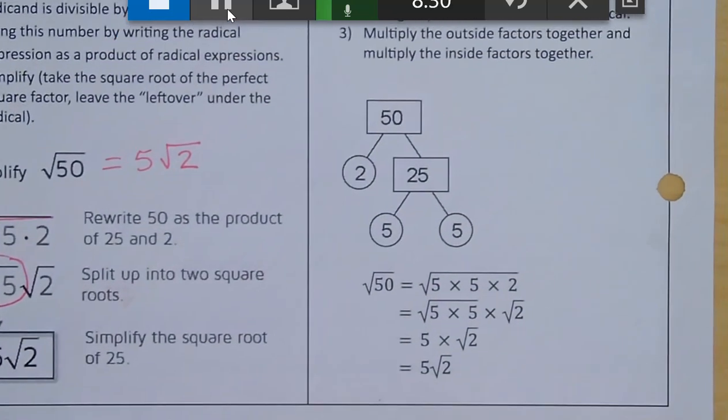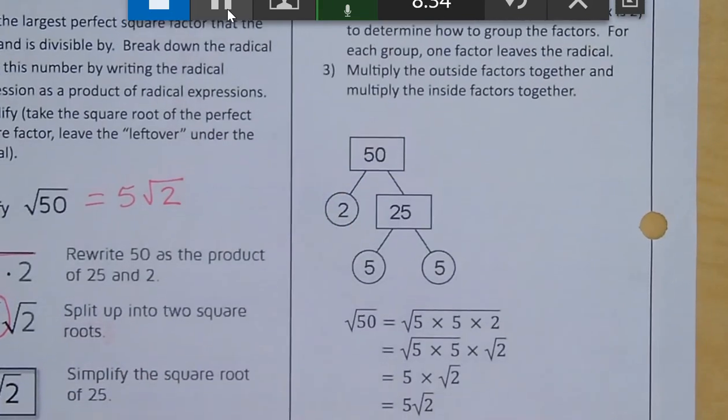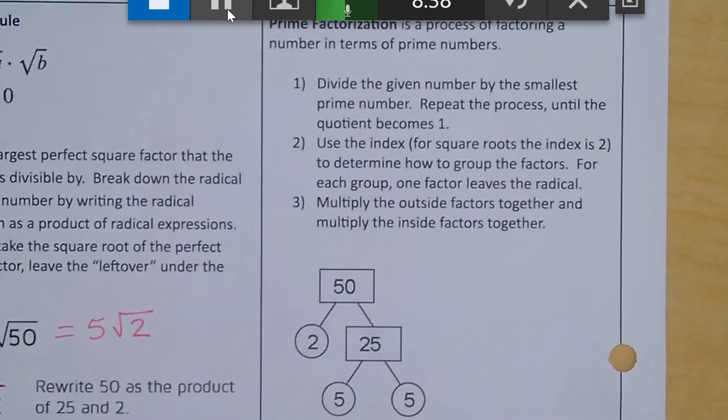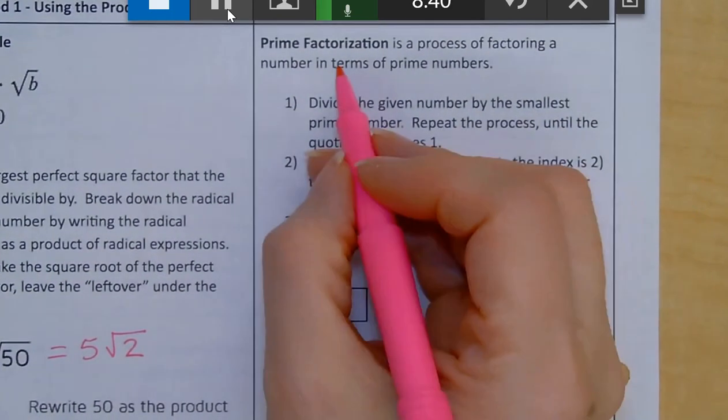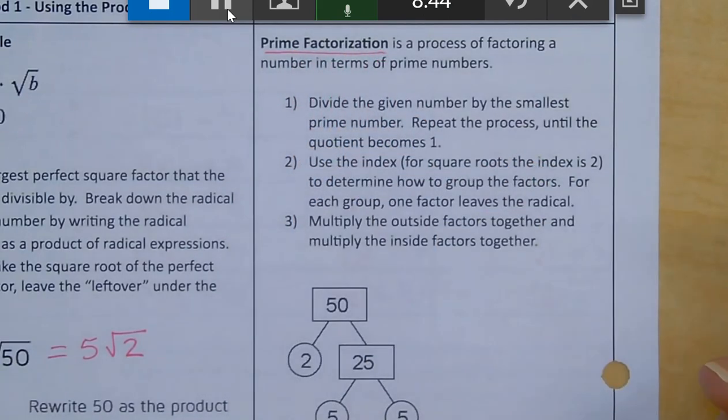So I'm going to show you another way that we might look to break up a radicand and find a factor that is a perfect square. So this is using the prime factorization process. So we're just going to find all the prime factors, or a factor tree is probably what you would have called this before.